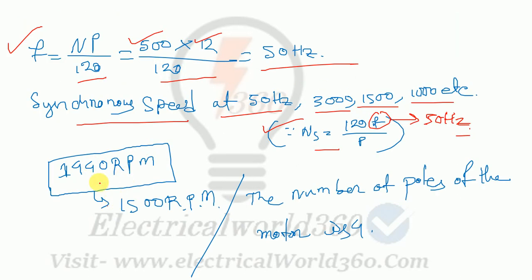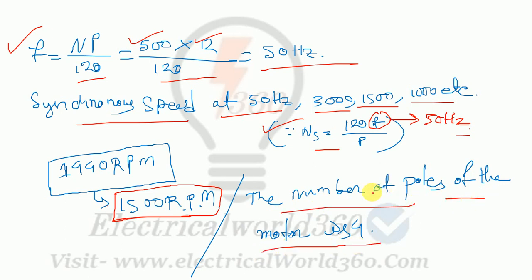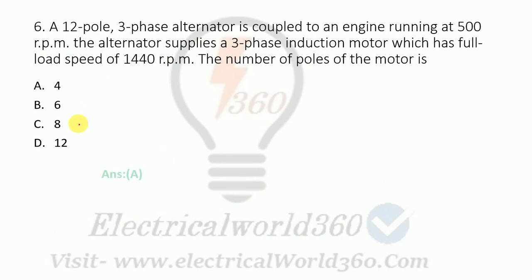So here the 1440 rpm is nearer to the 1500 rpm. So that's why we can say the number of poles of the motor is 4, because if we put here 4, and if the frequency of the motor is 50 Hz, then the speed will be 1500 rpm. This will be the synchronous speed. So that's why here the option number A will be the right answer. That means the number of poles of the motor is 4.